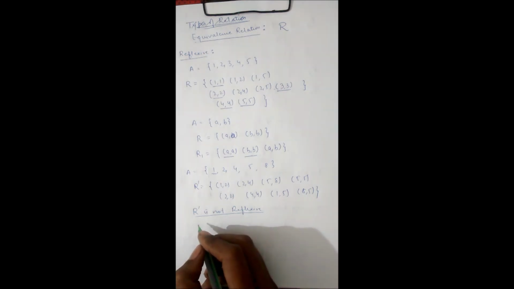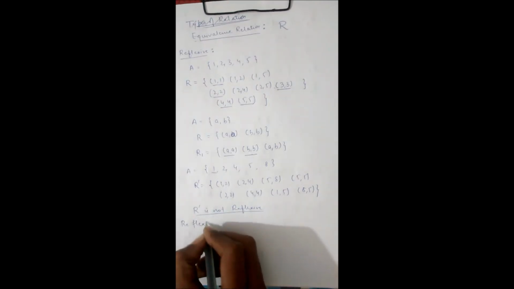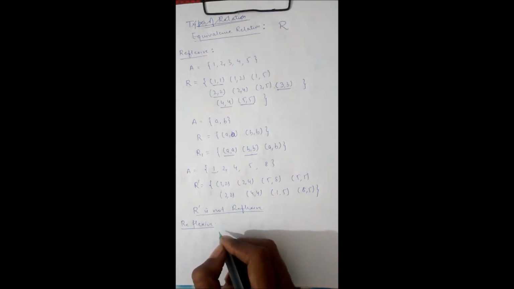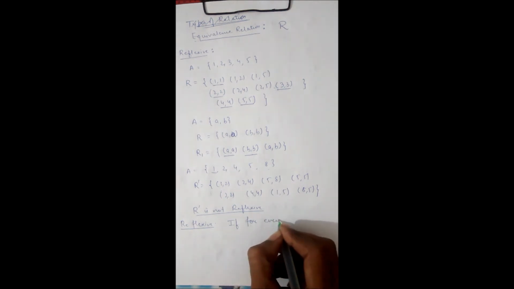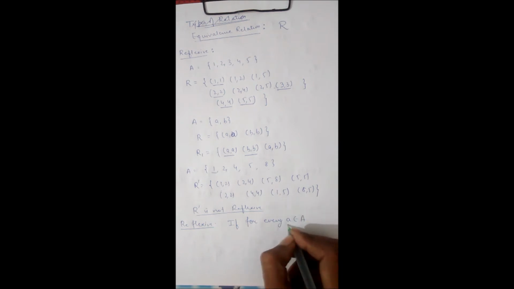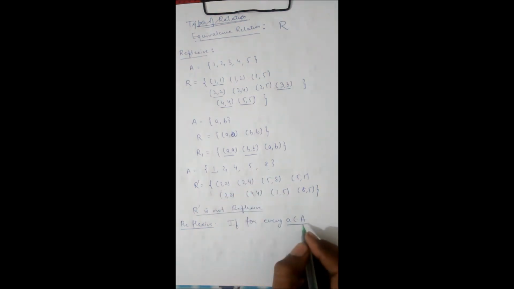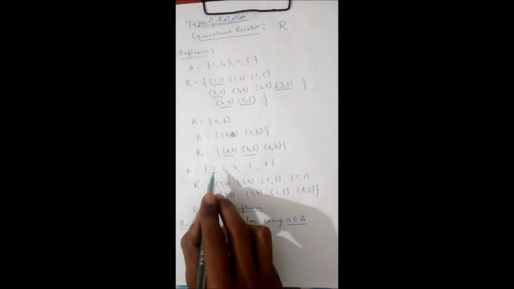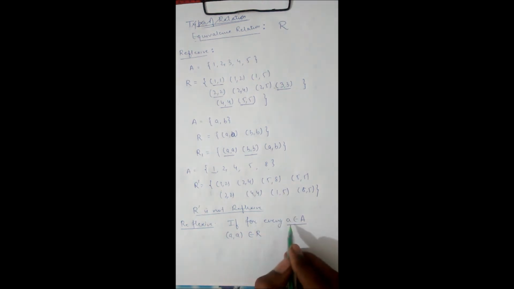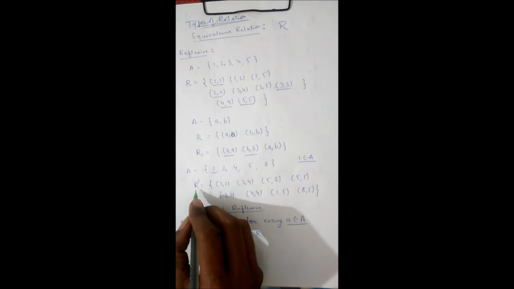In terms of the general definition, a relation is reflexive if for every element a, any element a, like here it was 1, 2, 4, 5, 8, the pair (a,a) belongs to R. Like here we are searching for (1,1), because the condition says that for every element a, for this 1, because 1 belongs to A, I need (1,1) to be in this relation, so that makes the relation reflexive.